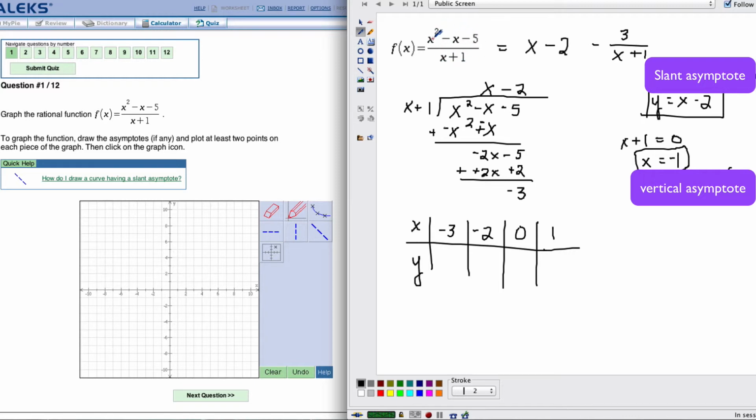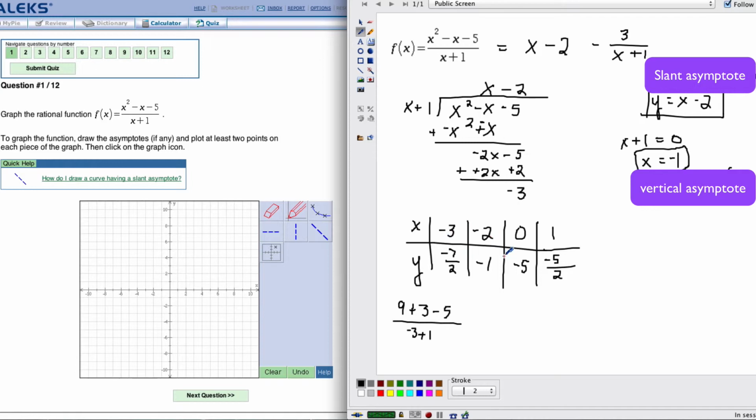So -3 squared is 9. 9 minus -3 is going to be 9 plus 3, minus 5, and then that's all over -3 plus 1. And so that turns out to give you -7/2. Now you can repeat the process for each of these, and once you do that, you'll end up getting these values in your chart. To save us some time, because I know you all can do that.